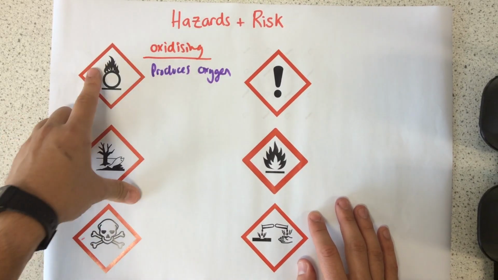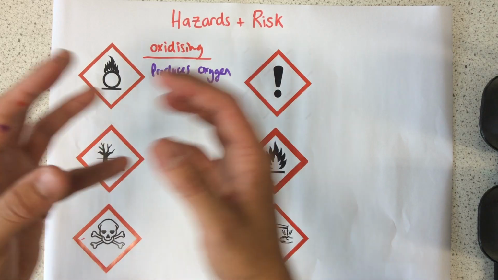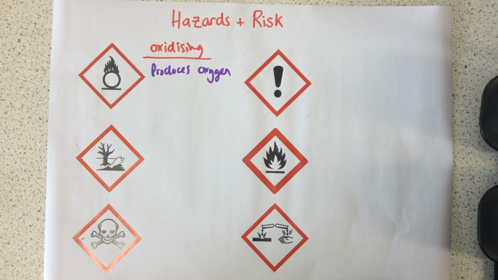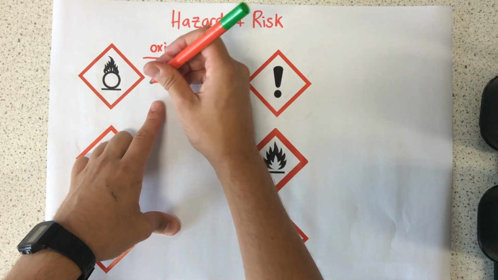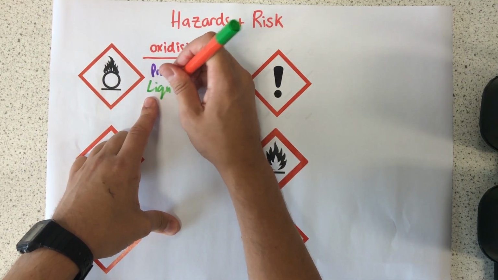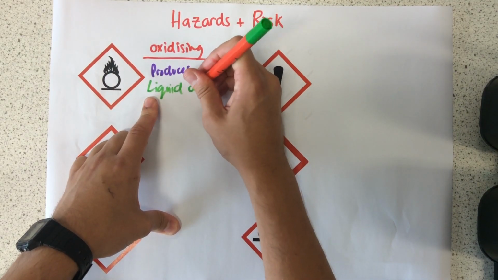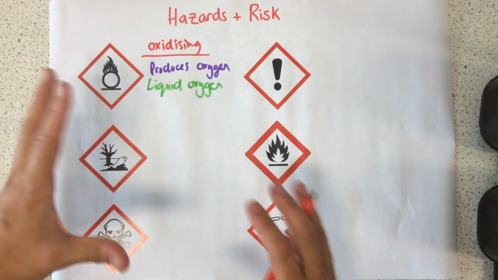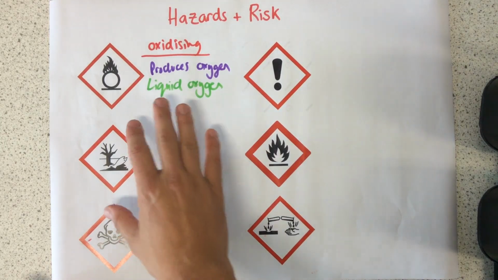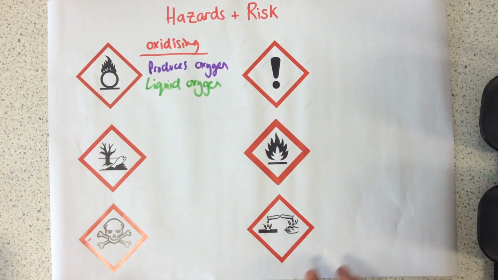So if we have an oxidizing agent, it means that it could cause a flame to burn much more readily. An example of this would be liquid oxygen. So these hazard symbols we find on all of the different substances we work with, and it just tells us information about that substance, the first one being oxidizing.